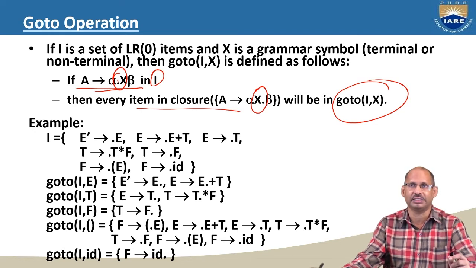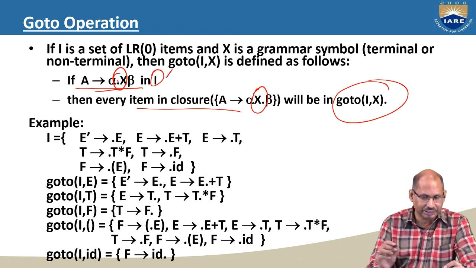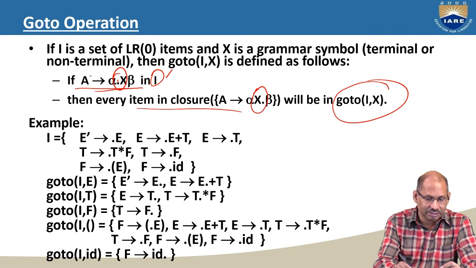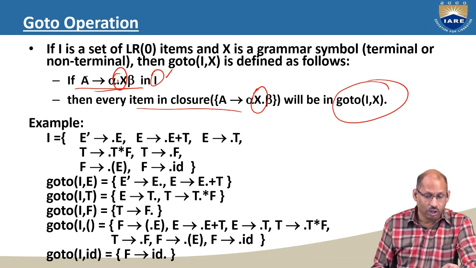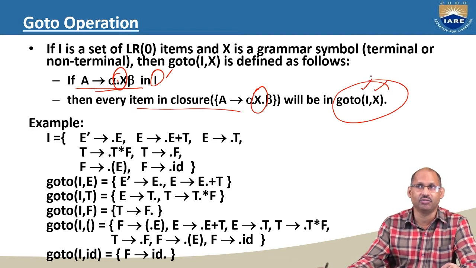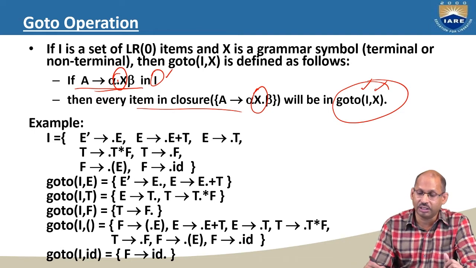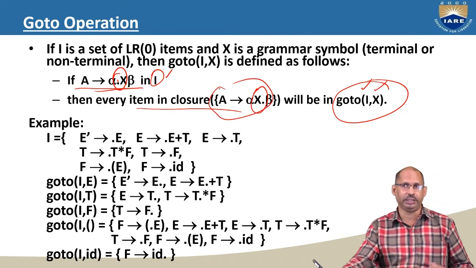Then every item in the closure of A gives alpha X dot beta will be in Goto(I, X). Listen here: I is a set, the initial closure set. On symbol X we go to a state, the closure of A gives alpha X dot beta.